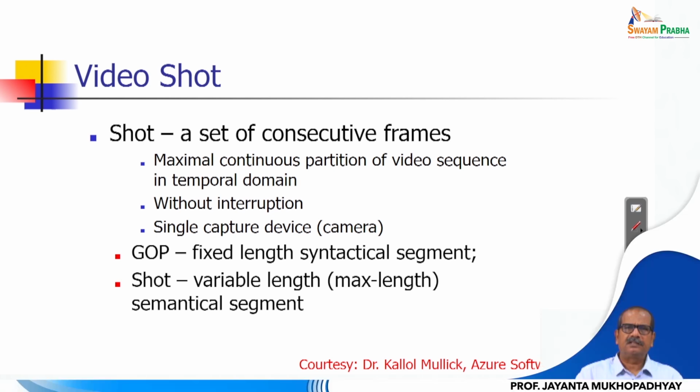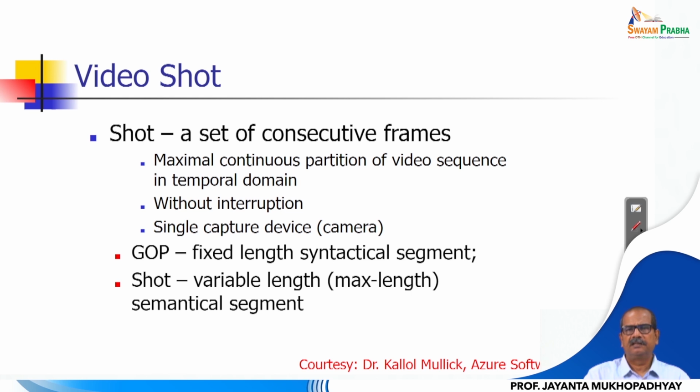So a shot, as you can see, is a set of consecutive frames of a video. But it is not just a set of consecutive frames. That's one of the properties of being a shot, but essentially a shot of a video means that the scene has been captured by constant camera parameters, by fixed camera parameters.